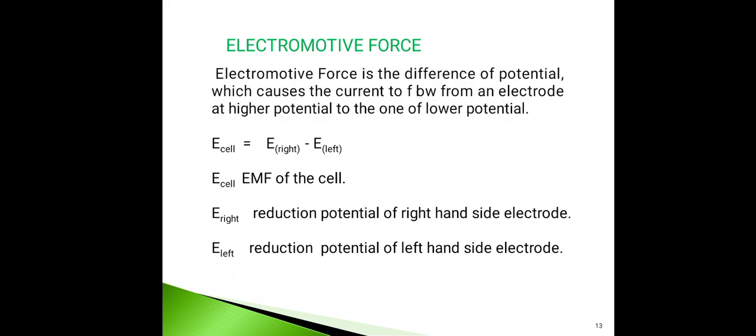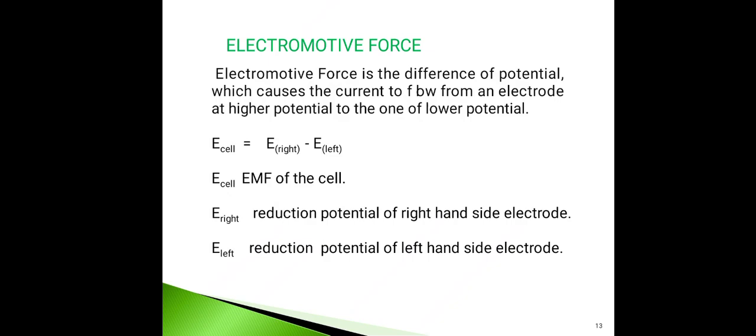And the electrode potential is either oxidation potential or reduction potential. Oxidation potential is the potential which is developed because of the oxidation of the metal by the loss of electrons, whereas reduction potential is the potential that is developed due to the reduction process or due to the gaining of electrons at the surface of an electrode.